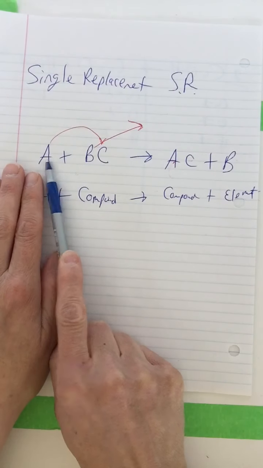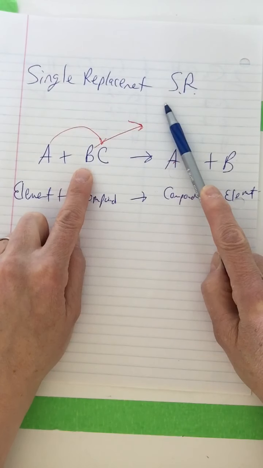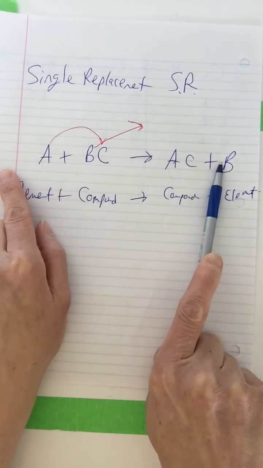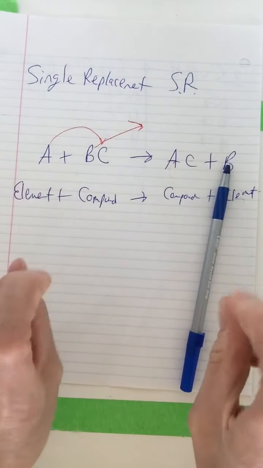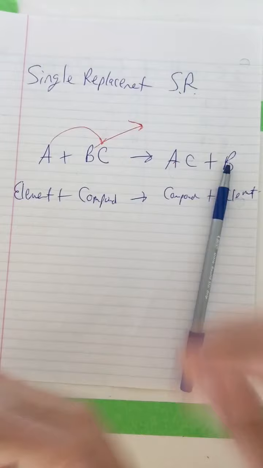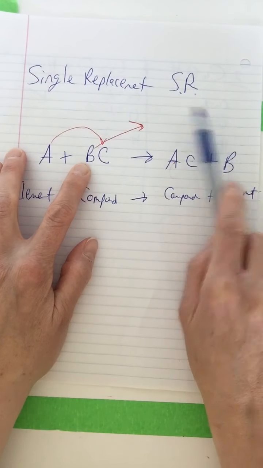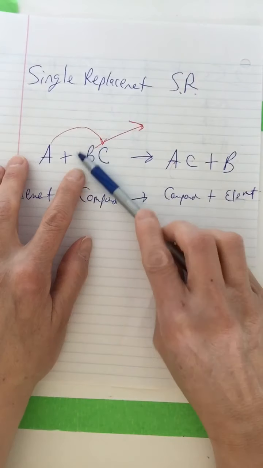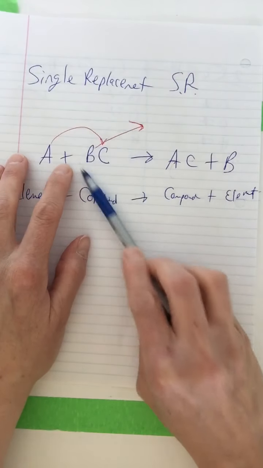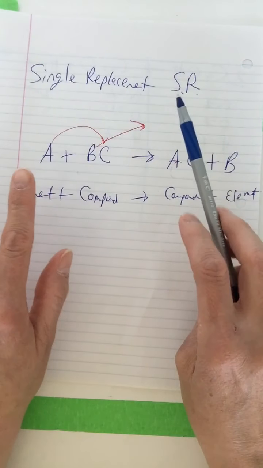If A is a better dancer, A gets to move in, B gets the boot, okay? And when you're talking about chemicals, that is something called the activity series, okay? So if it is more reactive, then it will boot out the one that's less reactive. If the most reactive one is already in a compound, no reaction will happen. So you can think of it like dancing, okay?